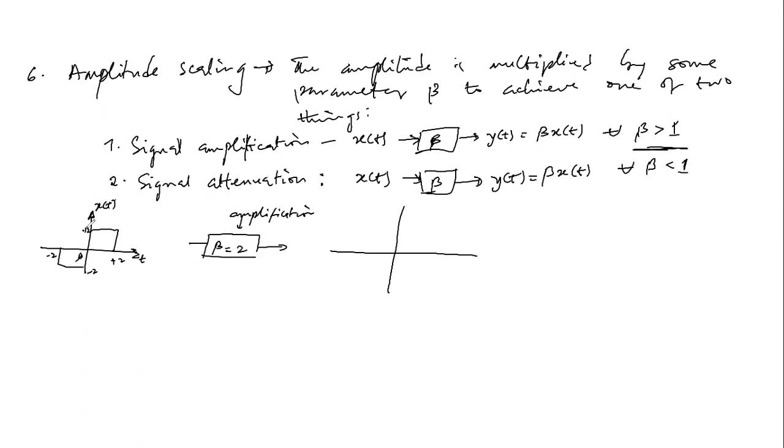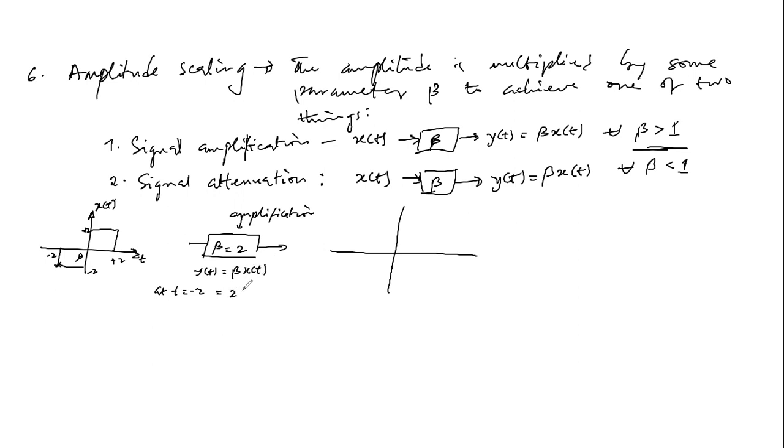Now, here, the amplitude parameter is multiplied. So at t equal to -2, the amplitude value is -2. So we have the amplitude value multiplied by the beta parameter, y of t is the same as beta S of t.